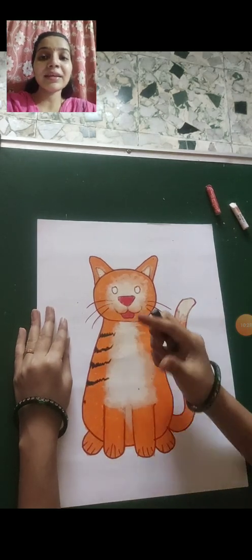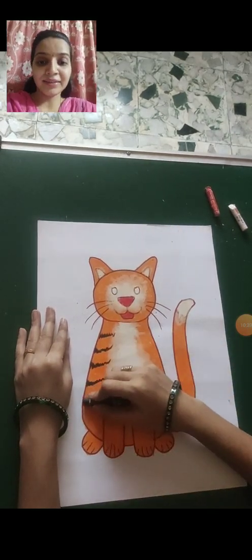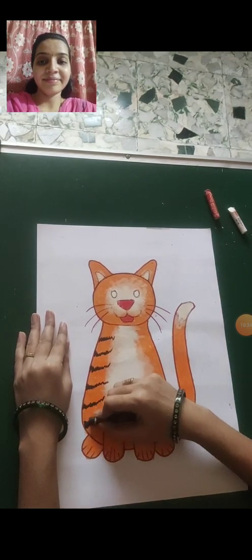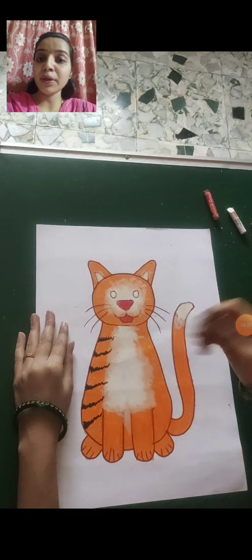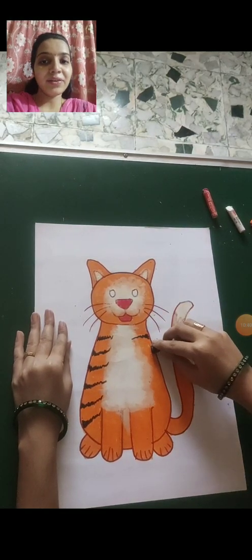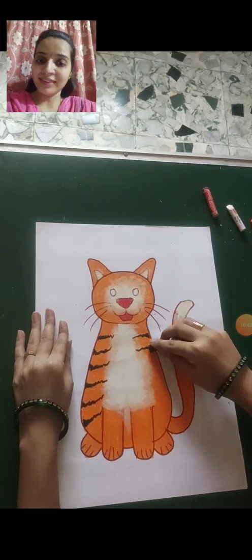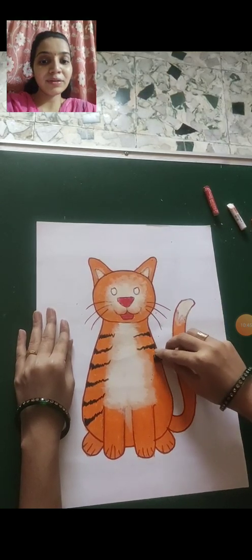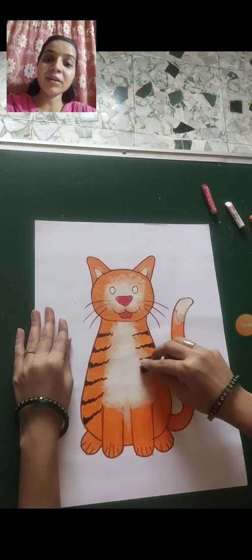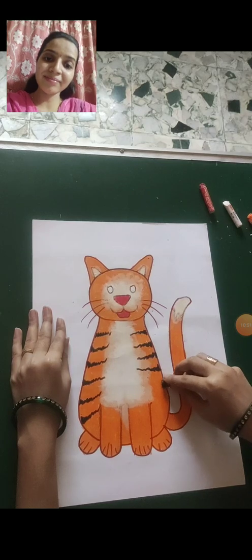And see the gaps between each line. The gap should be more. Otherwise it will not look nice. And your lines should be thin. And see where I am giving. Don't do more lines. How much I have done, do in the same way.